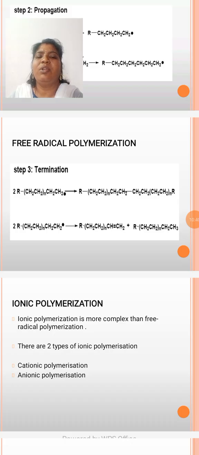So hydrogen transfer takes place from one chain to the other chain. This process is called disproportionation, so that both the chains can be stopped, but the chain length of the polymer will be less compared to the coupling step. So coupling will be easier, and you will be getting a bigger long chain in the coupling process compared to the disproportionation process.